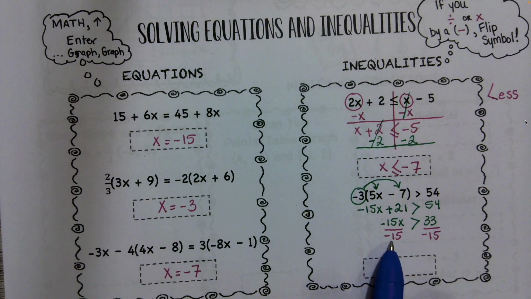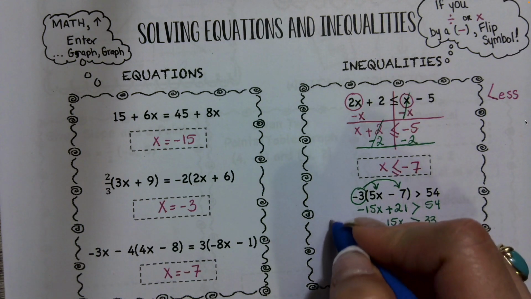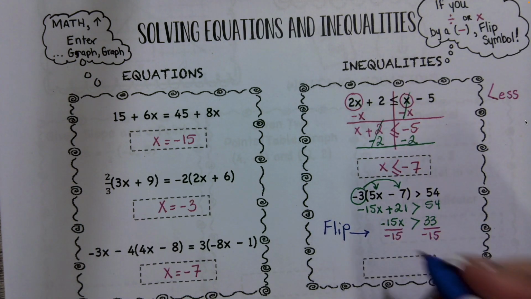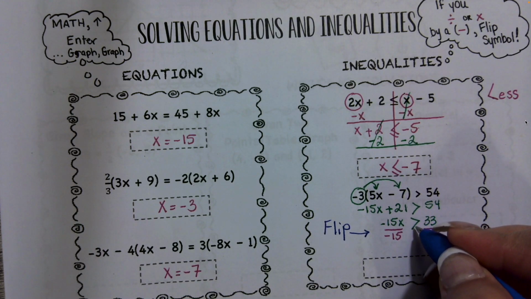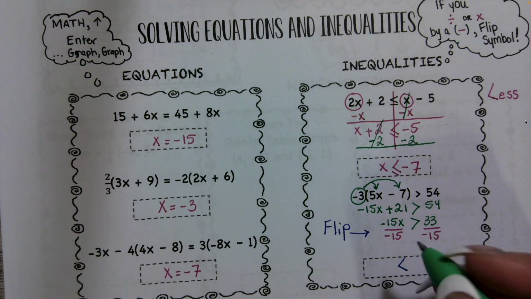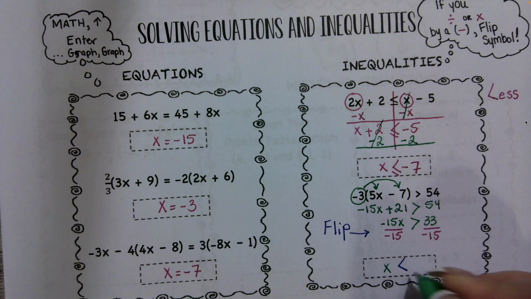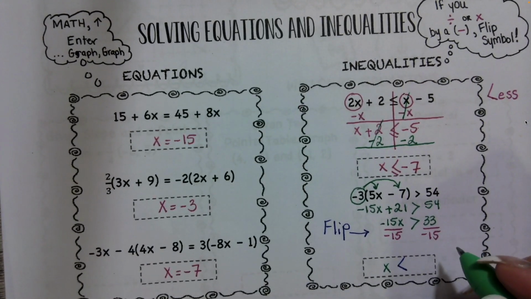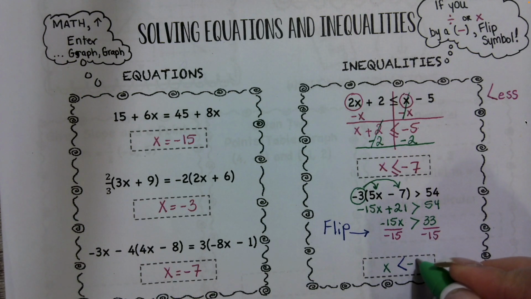Did I divide by a negative number? Yes. So the flip happens here. So I would have this one flip over here, and then I would get x less than 33 divided by negative 15, which is negative 2.2. That would be the answer.